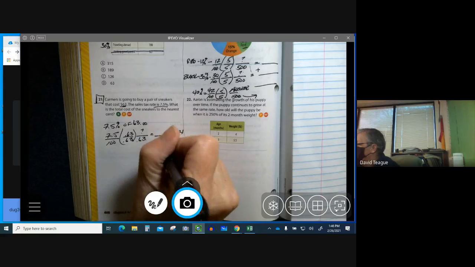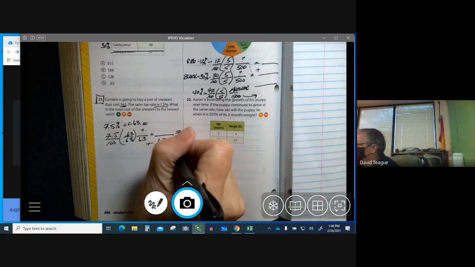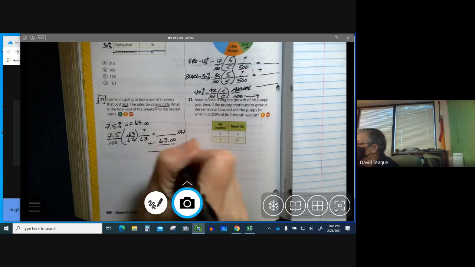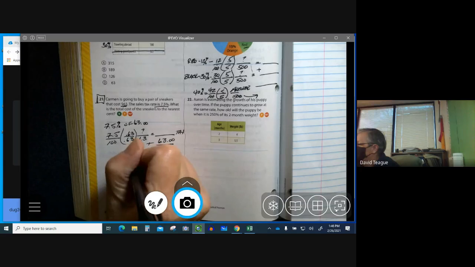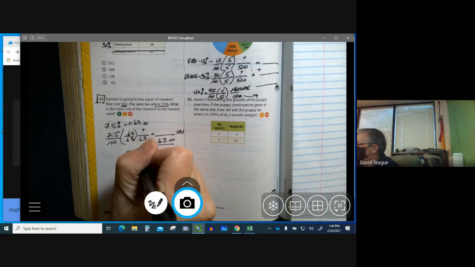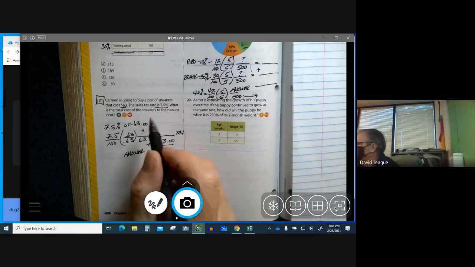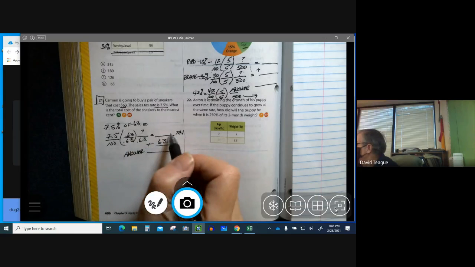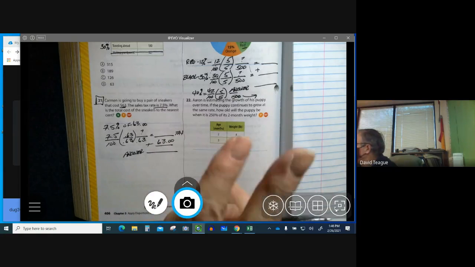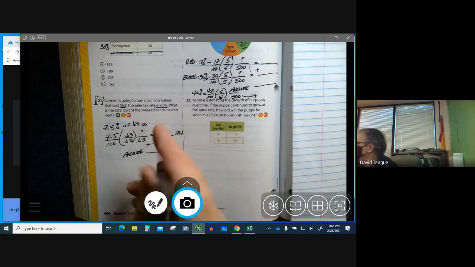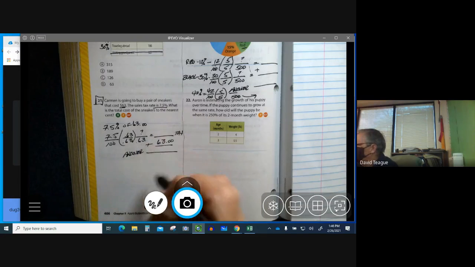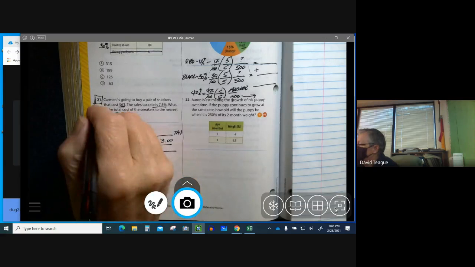Then you add it to $63, and your answer is the total. When you multiply, you'll have to round up to the hundredths place. So that's a fairly straightforward one.